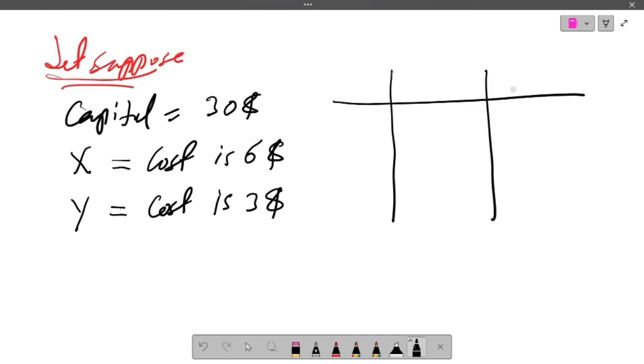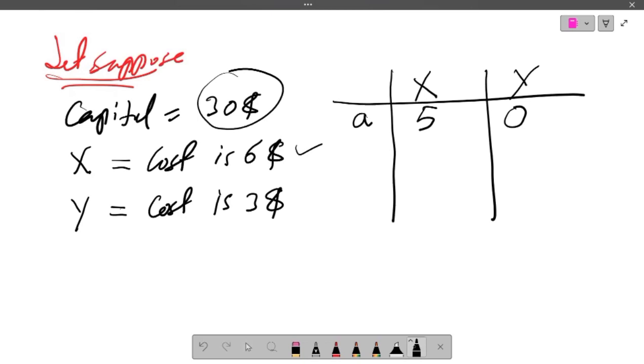So what are the possibilities? This is the production of good X and this is the production of good Y. What is the possible combination that we can get? Like we spend all this $30 in producing good X. How many units can we produce? You can say, sir, it's 5 units. At the same time, how many units can we produce of good Y? Nothing is left, so it will be 0.